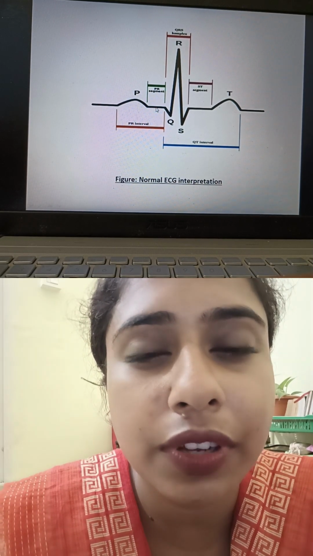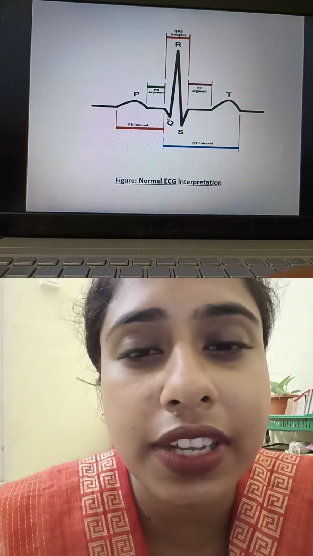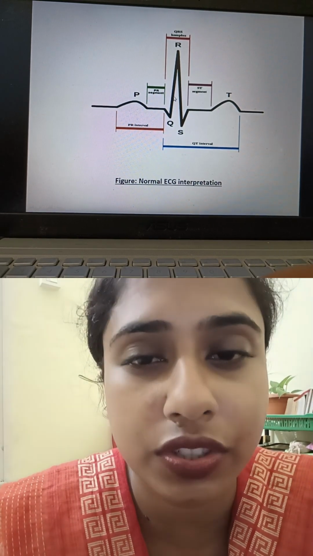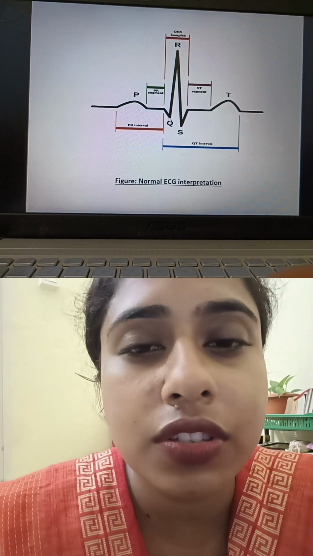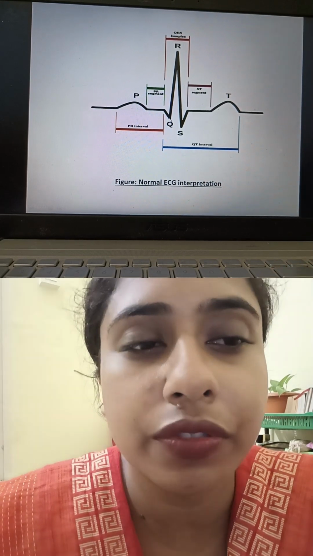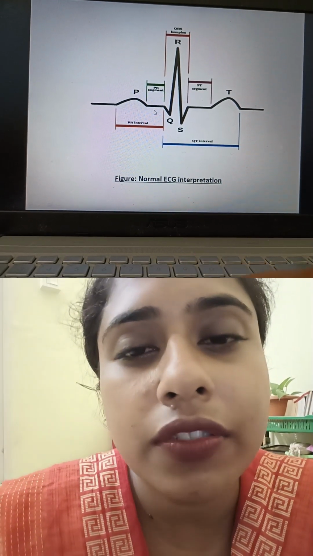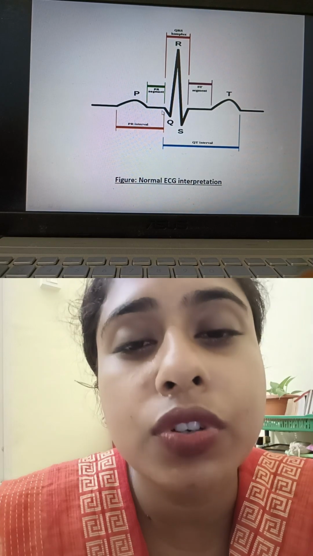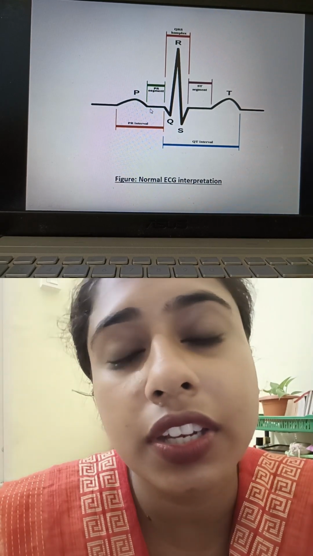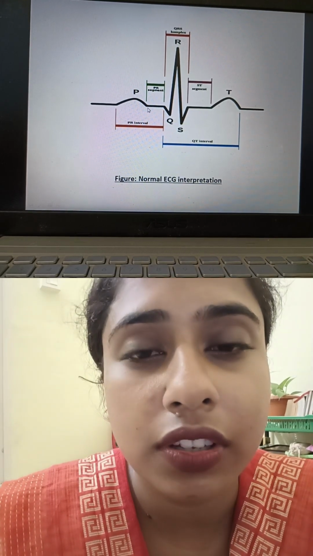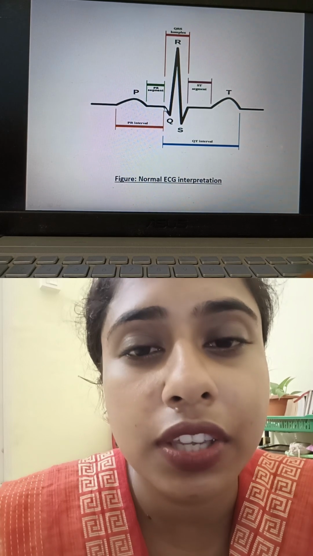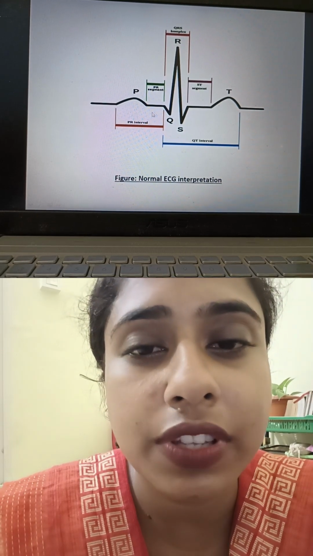But if the Q wave is not present and an upward deflection is present, that deflection will be called the R wave.